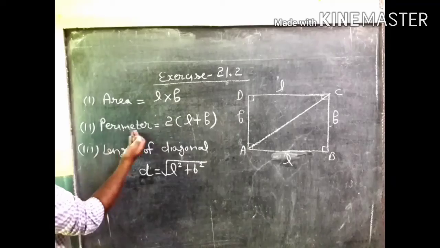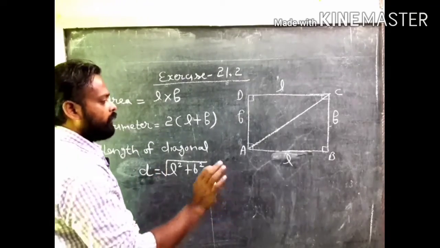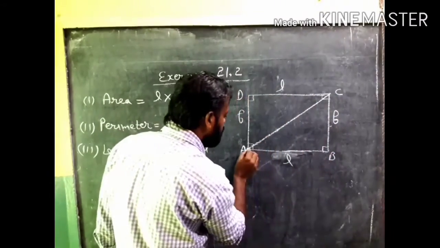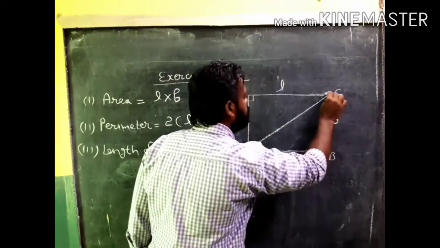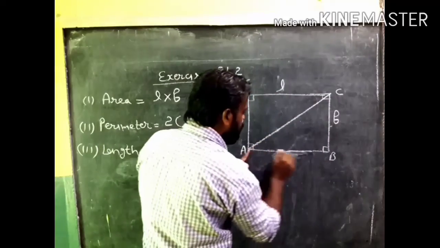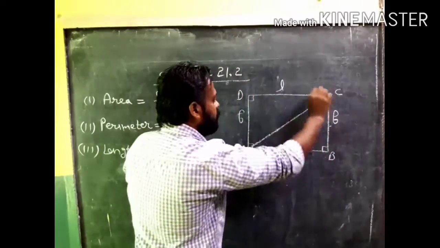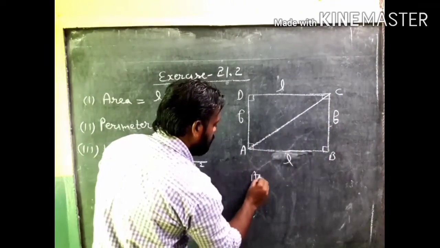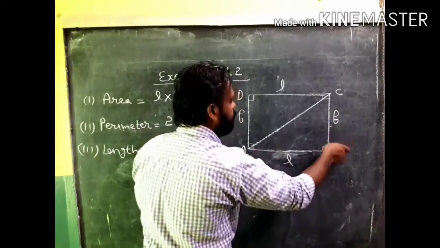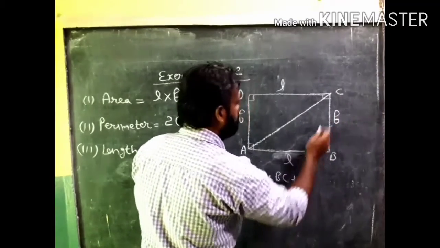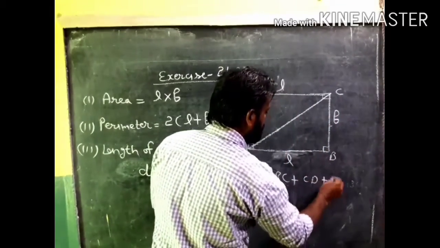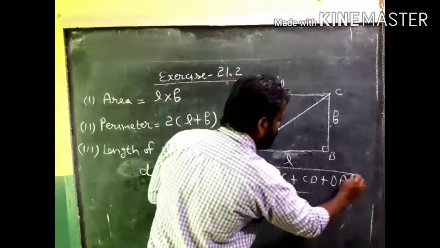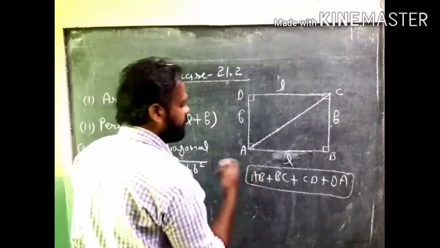Next is the perimeter of a rectangle. It is very important to understand what the perimeter means. The total length of all the sides of the rectangle is called its perimeter. If I add AB plus BC plus CD plus DA, the total length of all the sides of this rectangle is its perimeter.